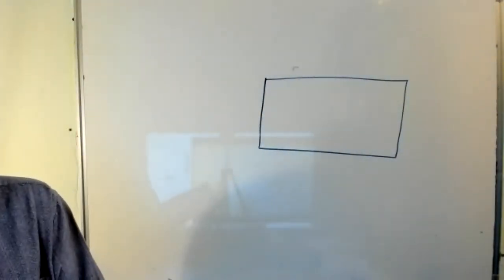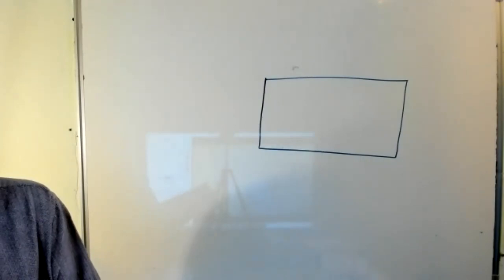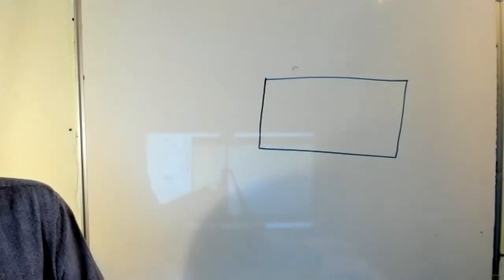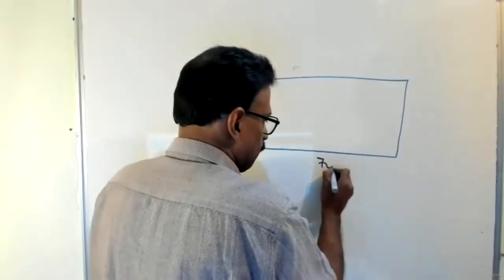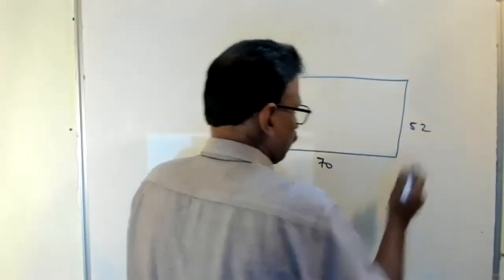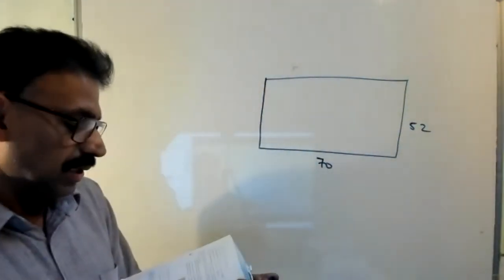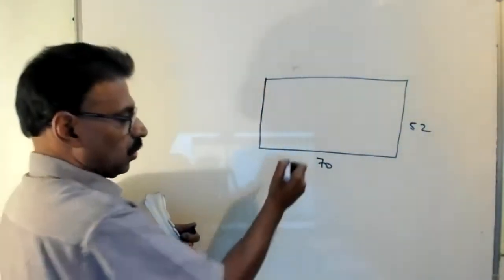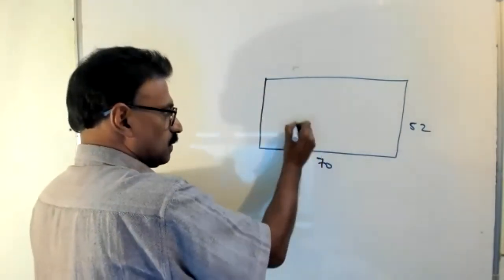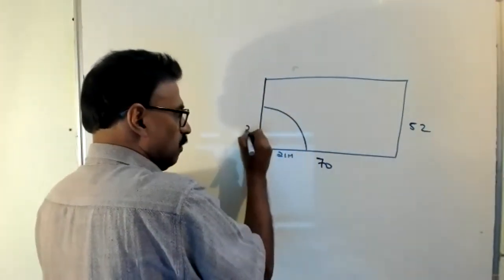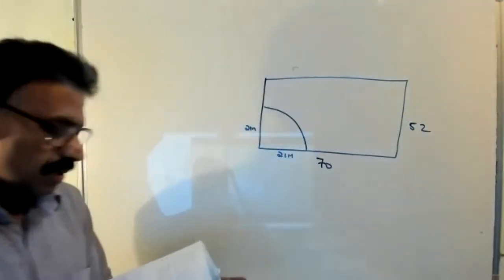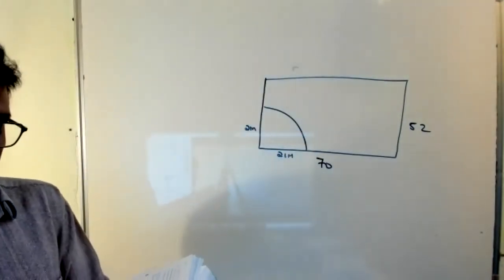A horse is placed for grazing inside the rectangular field 70 meter by 52 meter. This is 70. Here is 52. Okay. And is tethered in one corner with a rope like this. This is 21 meter. Here also 21 meter. Okay.